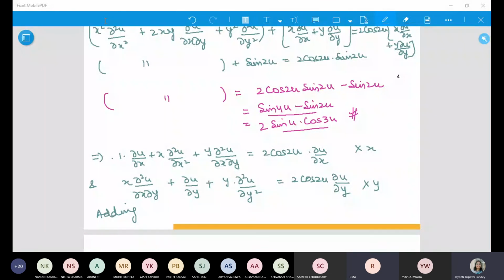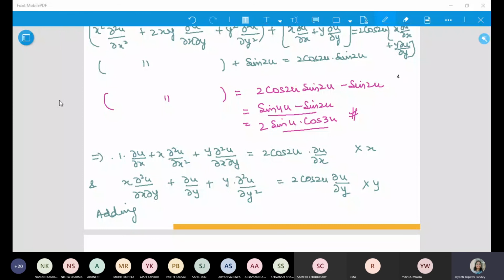Ma'am, how did you change sin 4u minus sin 2u into 2 sin u cos 3u? Just check the formula of sin C minus sin D. Check how you add sin a plus sin b and how you take the difference of sin a and sin b. You have studied that, na? Yes, ma'am, that formula I have used.